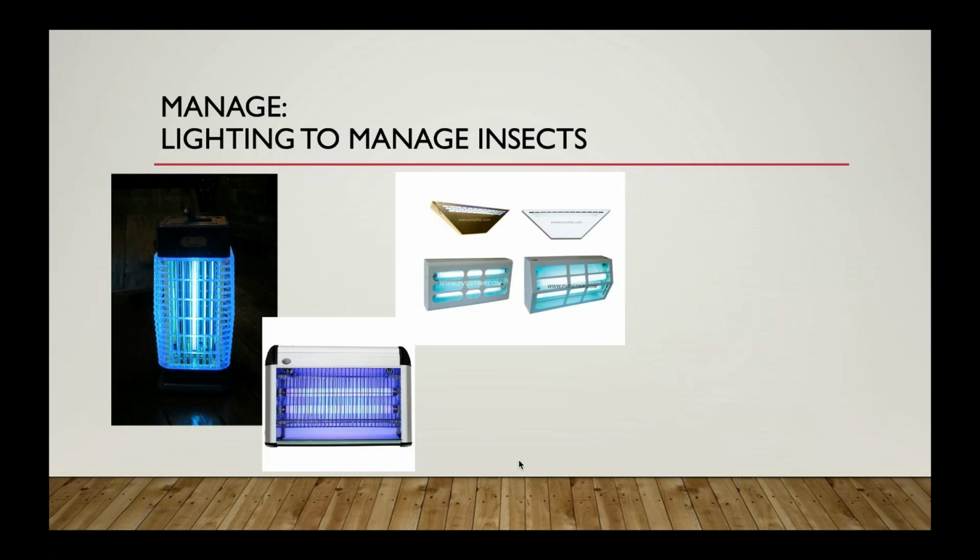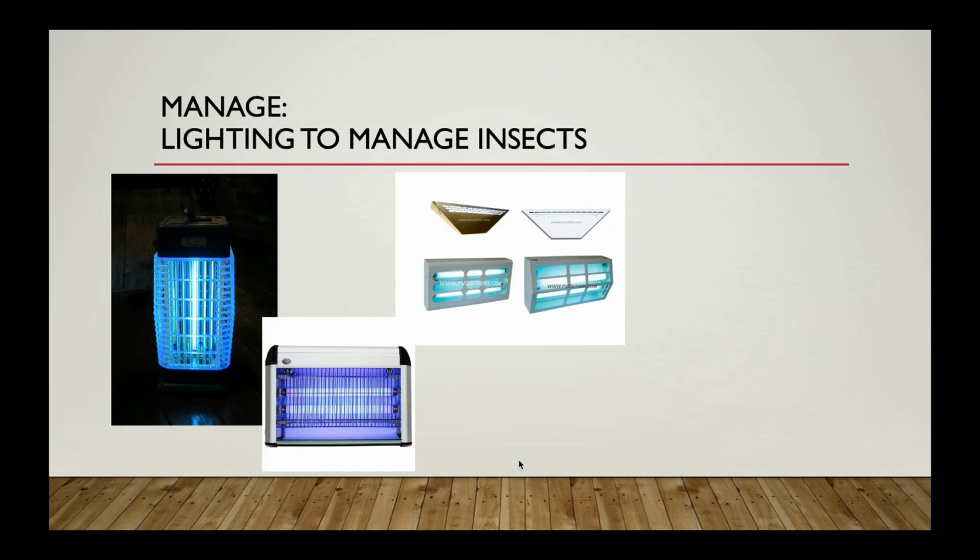So for instance, if you've got a barbecue at home and you're getting bugs around the barbecue, sticking one of these over the barbecue to get rid of the bugs is only going to attract all the bugs to the barbecue before they get caught. So think like that. If you've got a little fast food restaurant or a small cafe, sticking one just outside the door will attract all the insects to the door, and not all of them are going to get stuck in the thing before they fly through the door.